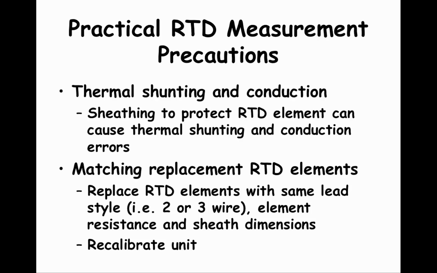So if you have to replace an RTD, you will need to calibrate the units. You probably should always recalibrate any measurement system when you replace the sensor. Also, note that the type of wiring needs to be consistent between the old and new RTD. So if you have a 2-wire RTD, you have to replace it with a 2-wire RTD.